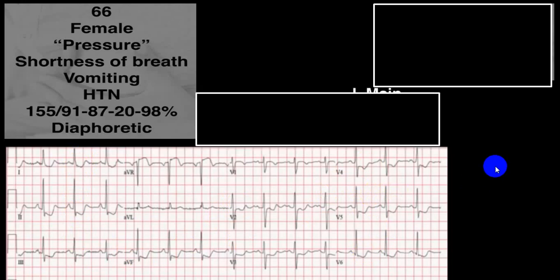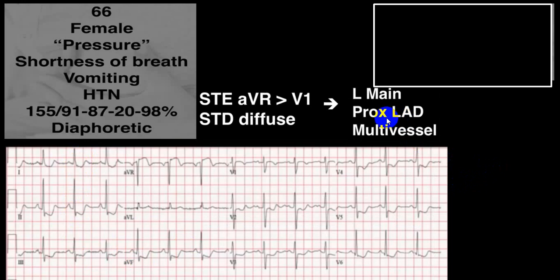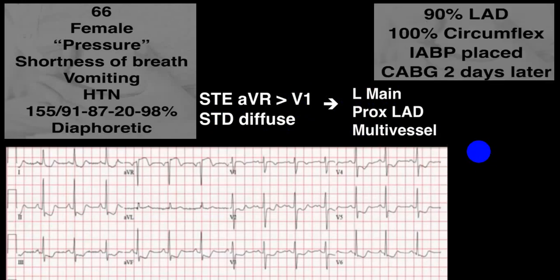This should be considered as significant. We call that ST elevation in aVR taller than V1 with multiple leads of ST depression. You must always suspect left main coronary artery or proximal LAD or triple vessel disease. This is absolutely essential. This person should undergo immediate angiography, and depending upon the amount of involvement, you can decide.